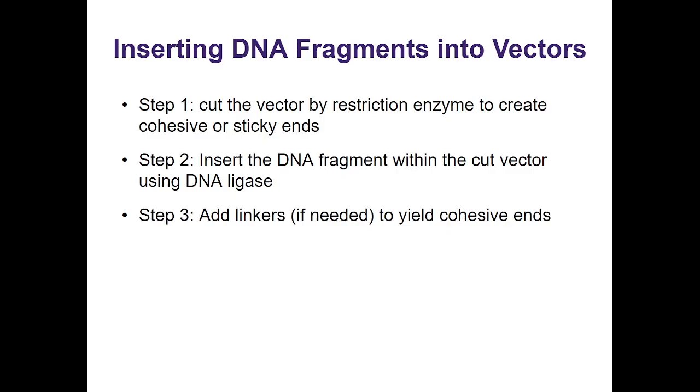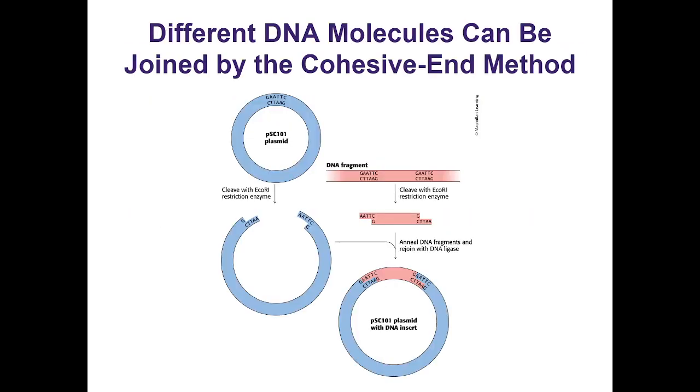Yeah. It typically means that it's not a straight cut. One side is a little bit longer than the other. Exactly. So you can get a match, right? Or like Tetris. Yeah. Step 2, insert the DNA fragment within the cut vector using DNA ligase. Step 3, add linkers if needed to yield cohesive ends so that you can rejoin it.